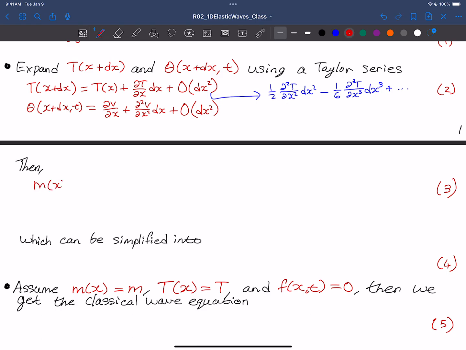We'll get m of x times dx times partial squared v over partial t squared is equal to t of x times partial squared v over partial x squared times dx plus partial t over partial x times partial v over partial x times dx plus big O dx squared, lastly plus the force f of x comma t times dx.